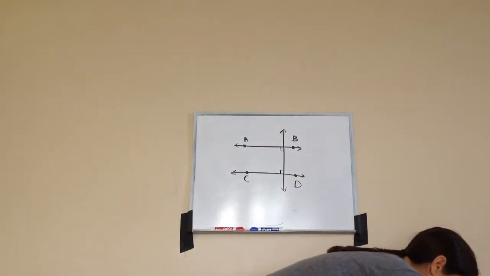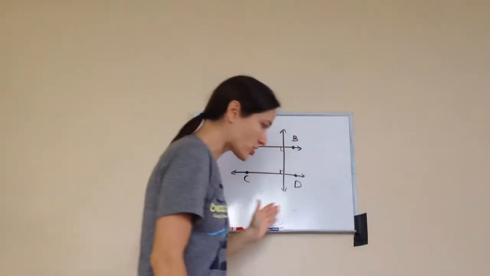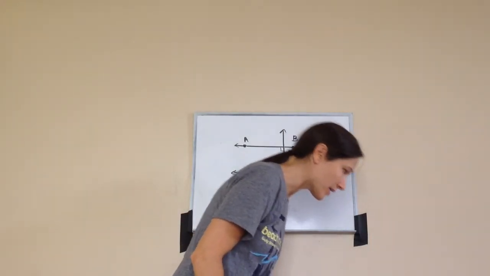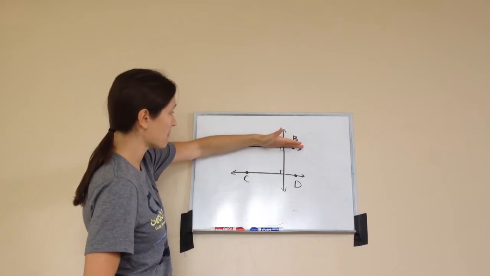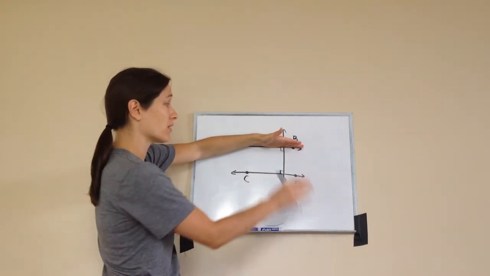And they're asking me which line is parallel to line AB. So this is line AB, and what line is parallel to line AB?